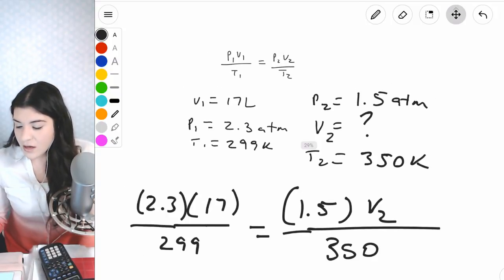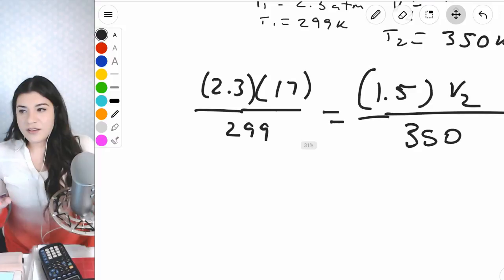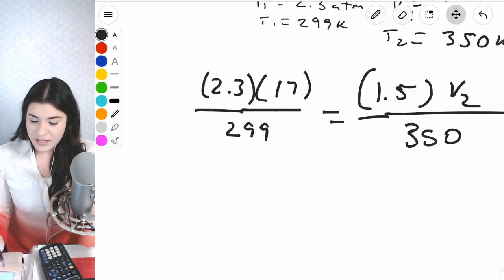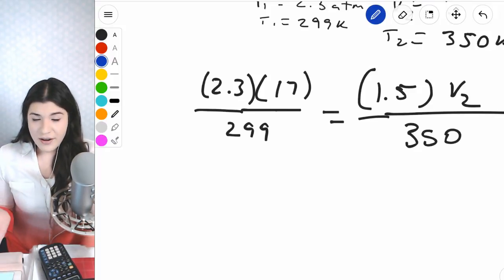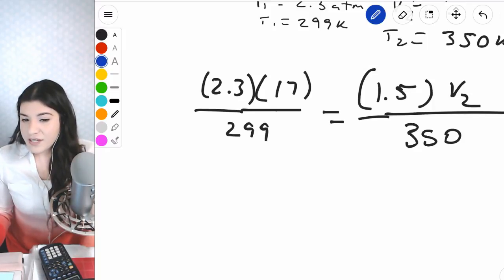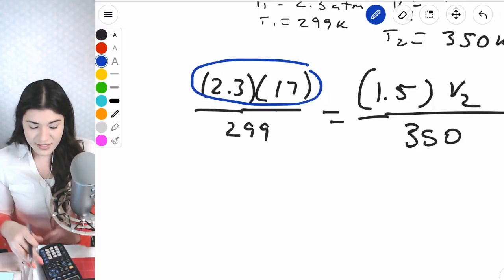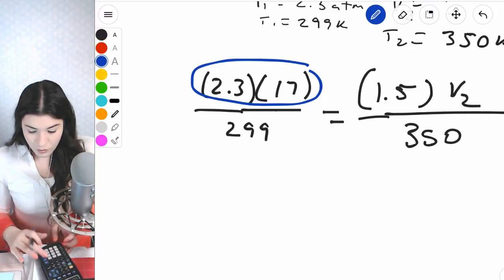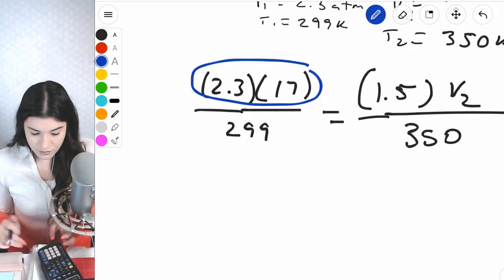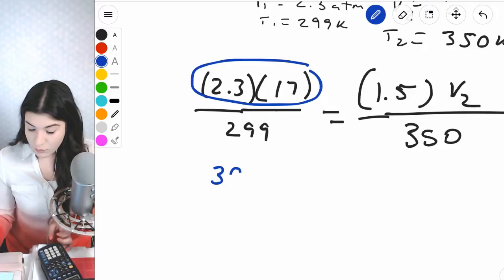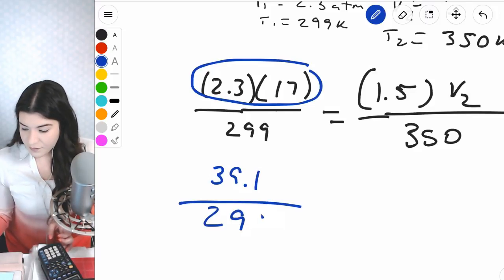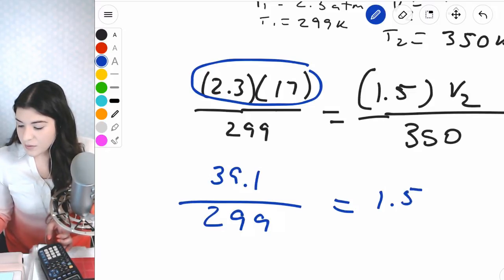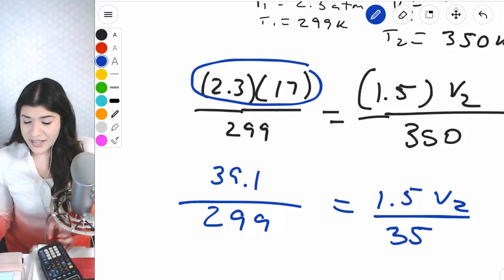Instead of rearranging everything, what I like to do is just start off with one side, okay? So I'm going to multiply these two together, and then I'll divide in a second. So we multiply those two values, and this is 39.1 divided by 299. Piece by piece, I'm going to start combining as much as I can.